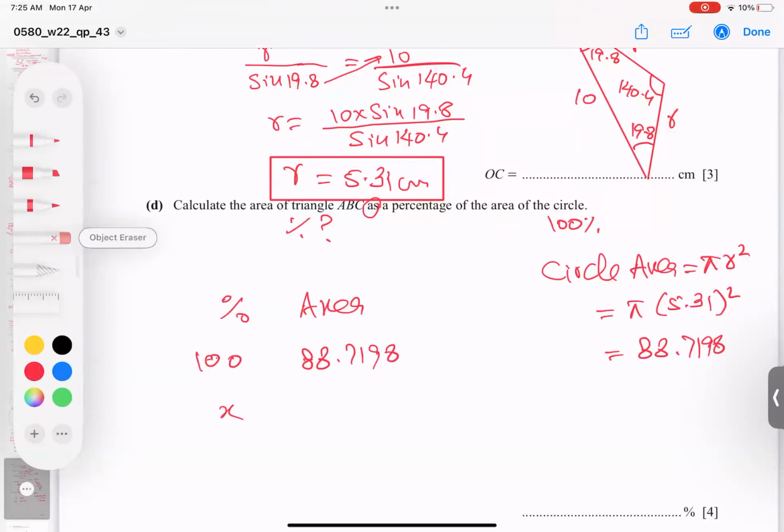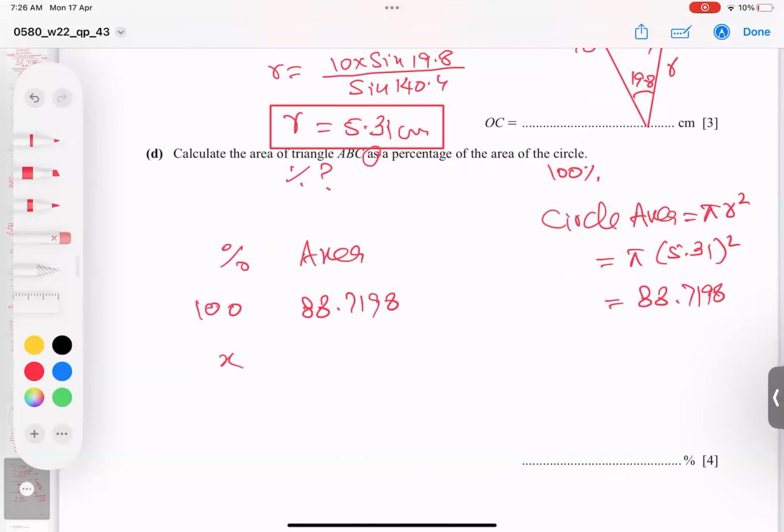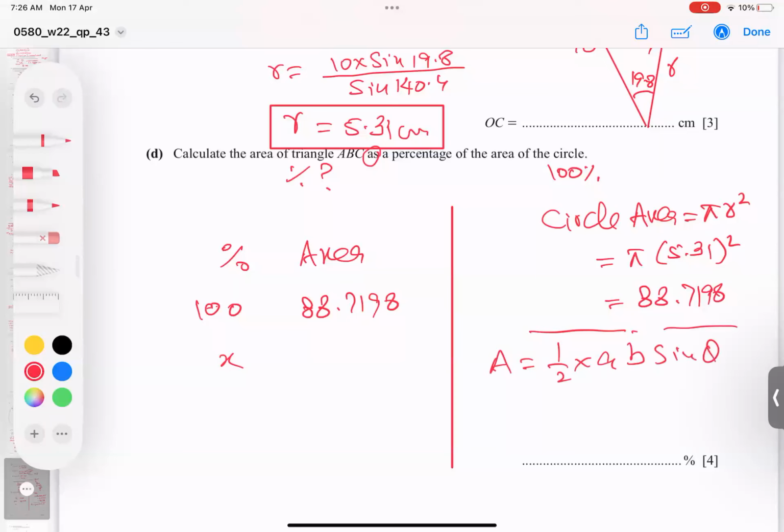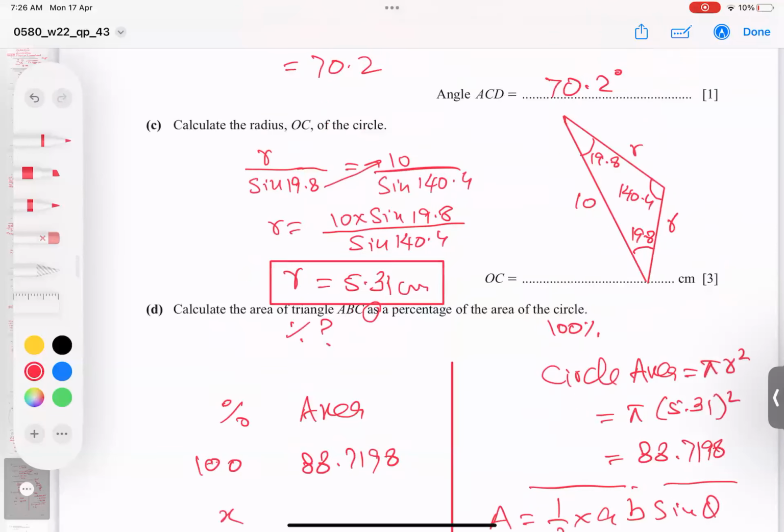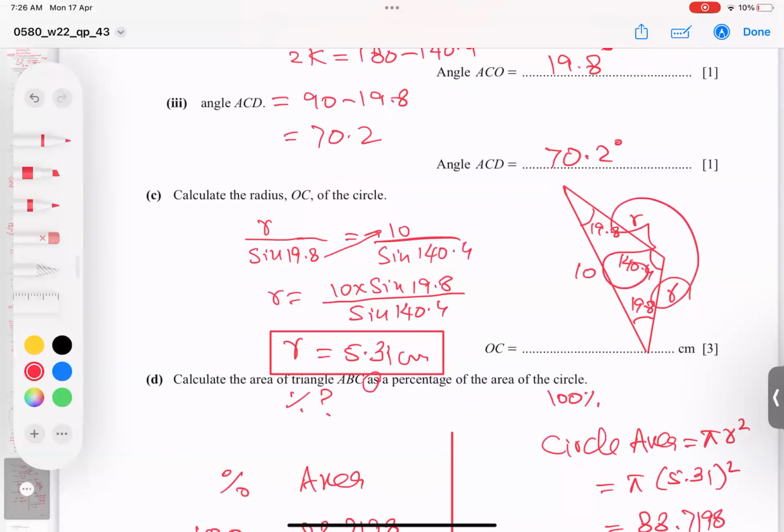So let's find the area of the triangle. For the area of a triangle, students, what technique do we have? Wait a minute, one minute please. The area of a triangle is half into a b sine theta. This is a, this is b, this is theta.